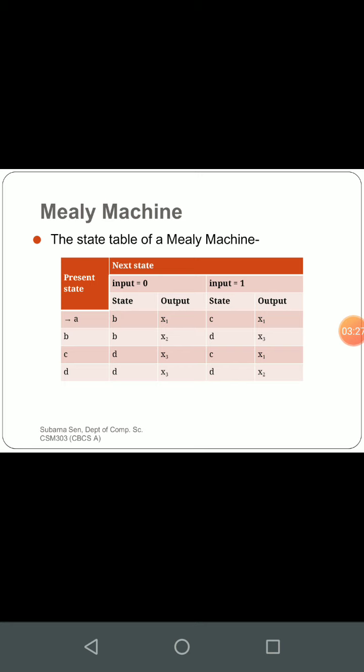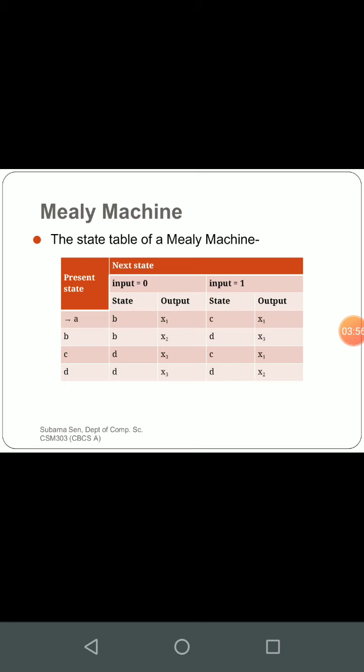Here, whatever output it will generate, that output will depend on both the input value and to which state it is transiting. I am repeating, in this case what output one transition is generating will depend on both to which state it is moving and which input value it has been fed.